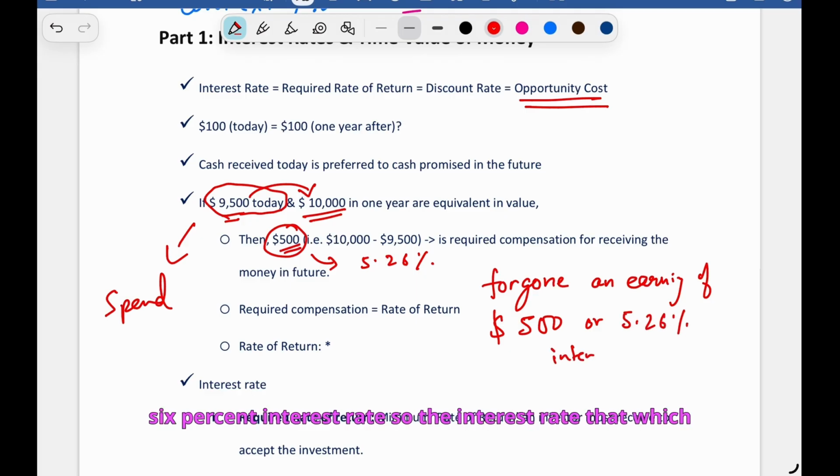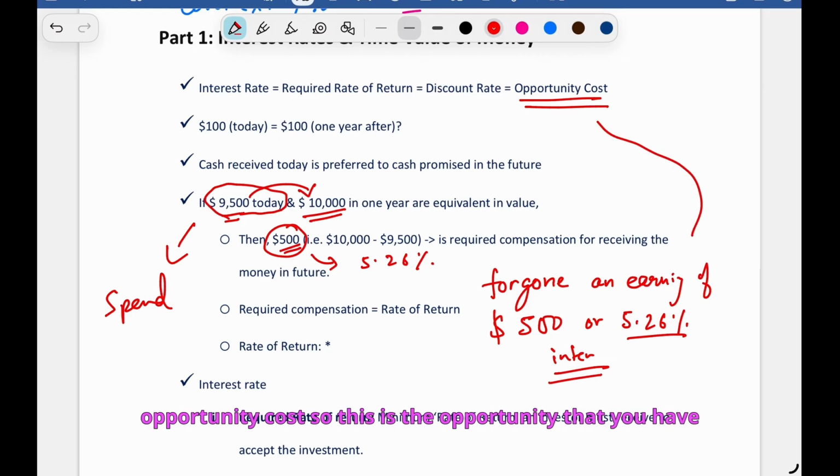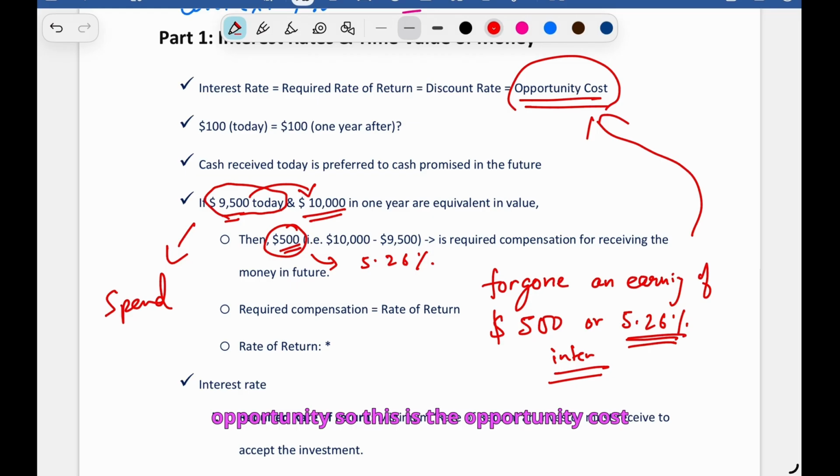So the interest rate that you have forgone is nothing but opportunity cost. This is the opportunity that you have lost. Alright. So this 5.26% is the opportunity cost of capital, or you can say opportunity cost of current consumption. Since you have not invested, we have lost this opportunity. So this is the opportunity cost.